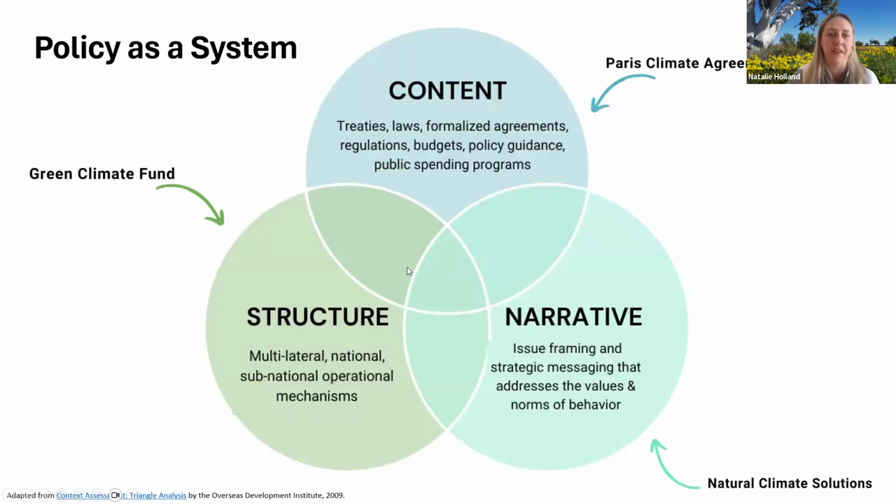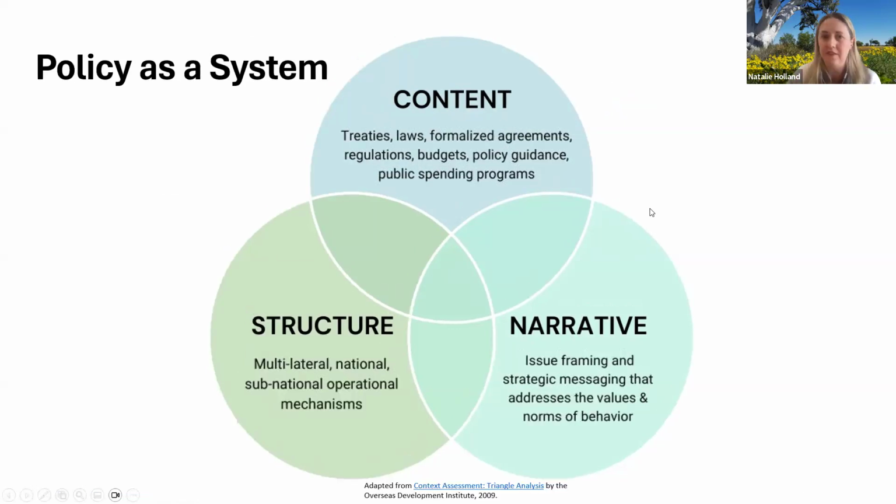And then an example of the narrative related to that is natural climate solutions. So we want natural climate solutions to be considered as one of the tools that we can use, but that comes into that narrative way of thinking about things. A second example is around recycling.